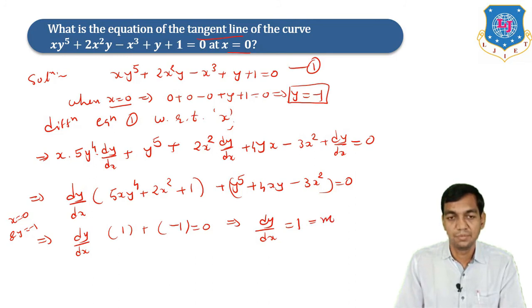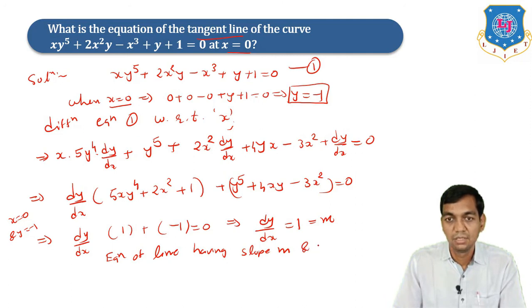That means slope m is 1, and you have a point (0, minus 1), and you have to find out the equation of a tangent line. So slope is given and we have to find out the line passing through the point. So the equation of a line having slope m and passing through (0, minus 1) is y minus y1 is equal to m into x minus x1.